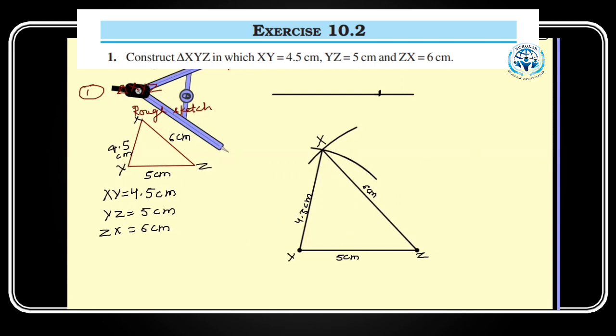You can measure the triangle and find out if the measurements are accurate or not.